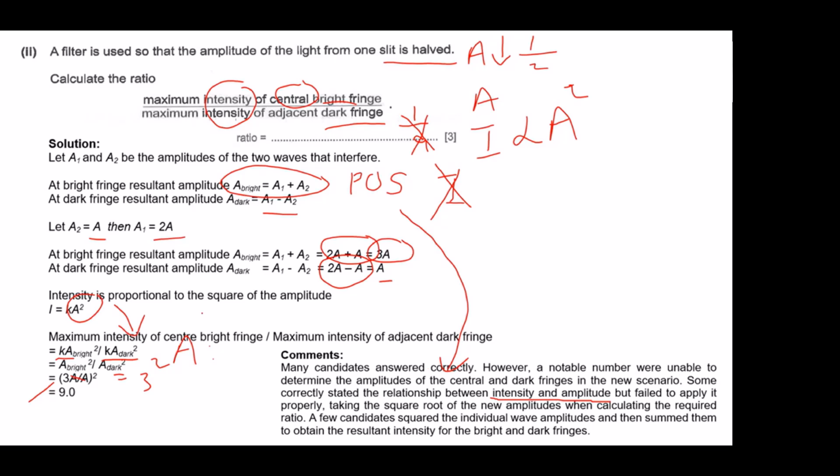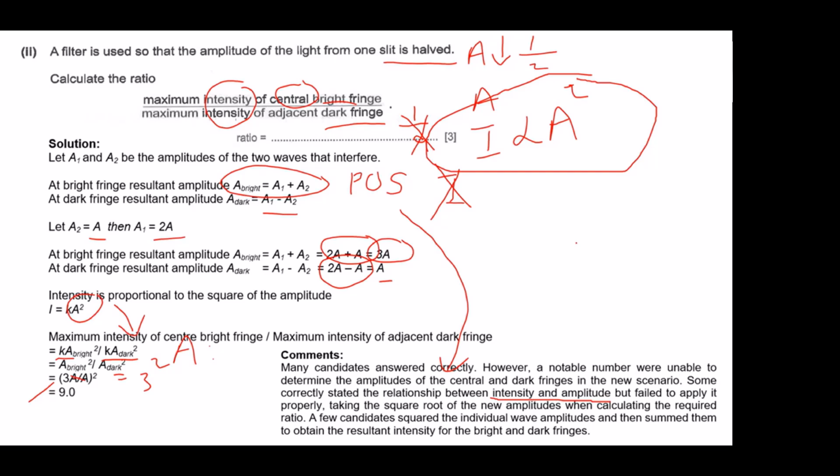So remember, this is important, I is proportional to A squared. Also, like I mentioned just now, please do not sum up the individual intensity. You always sum the individual amplitude to find the resultant amplitude. Then from there, if you want to find the resultant intensity, you work from I proportional to A squared.